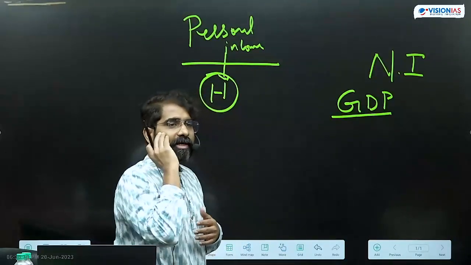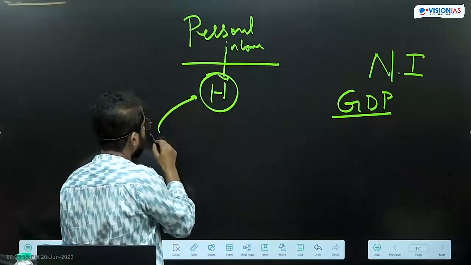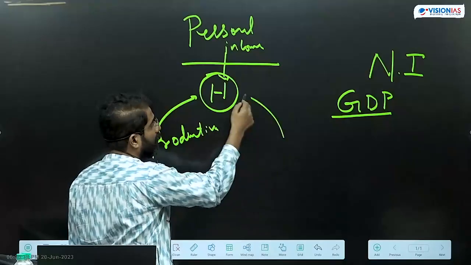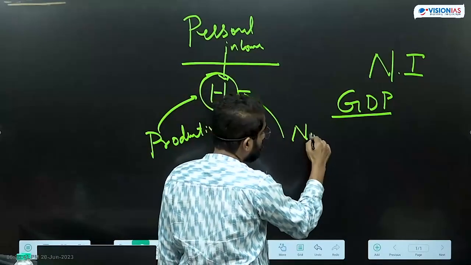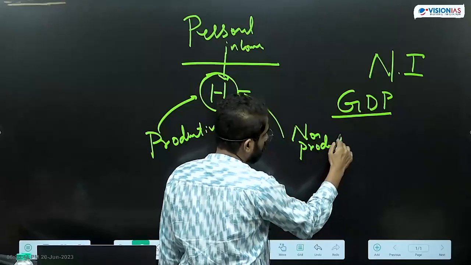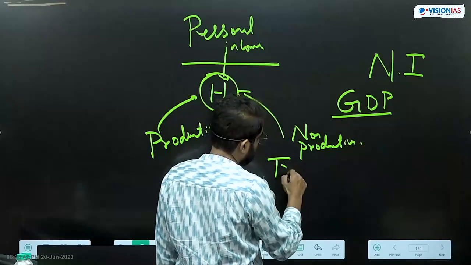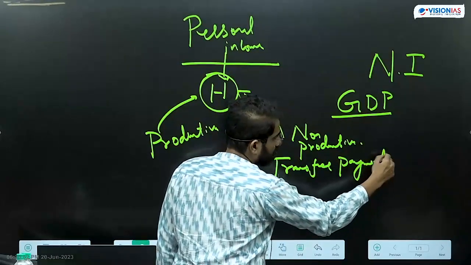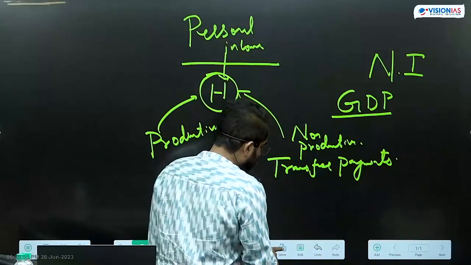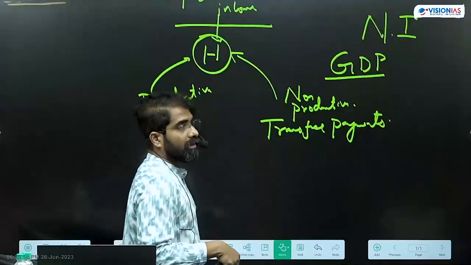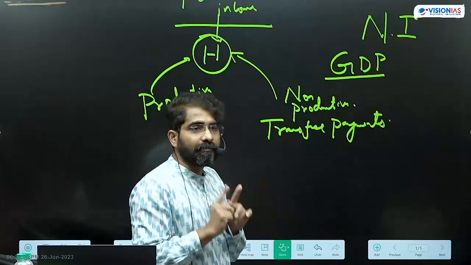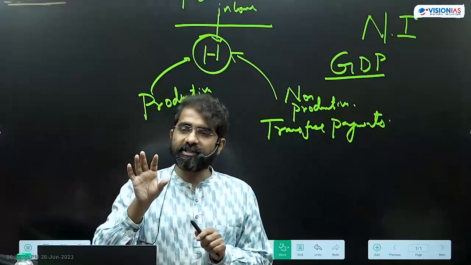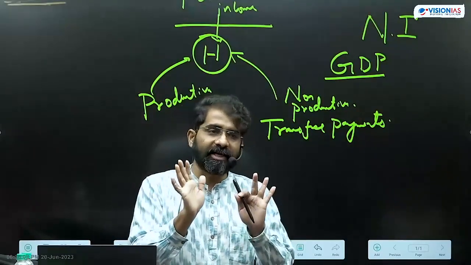Income that comes to the household can be through productive sources, and it can also be through non-productive sources, that is, transfer payments. This transfer payment is not part of national income. Why? Because it is not a productive activity. It is not generated from the factors of production.